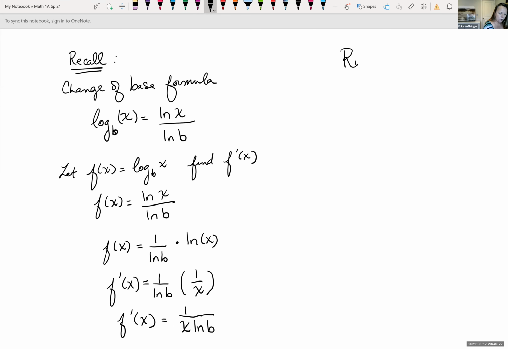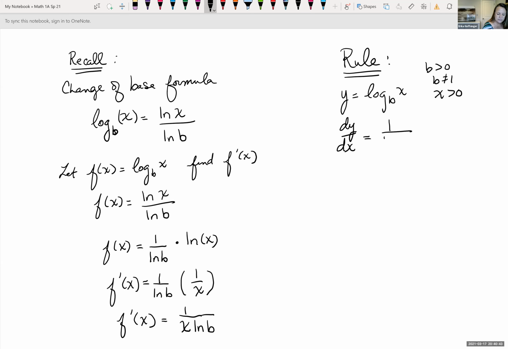So now we have the rule that we can take the derivative of any log. If we have y equals log base b of x, again a couple stipulations: b is greater than 0, b is not equal to 1, x is greater than 0. Then the derivative, dy dx, is equal to 1 over the natural log of b, times x.